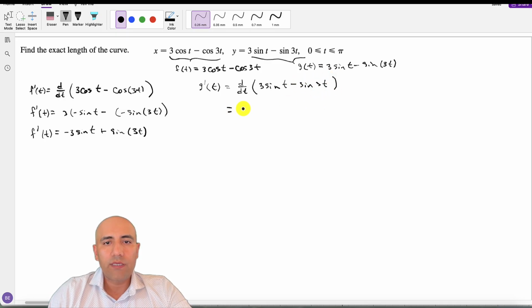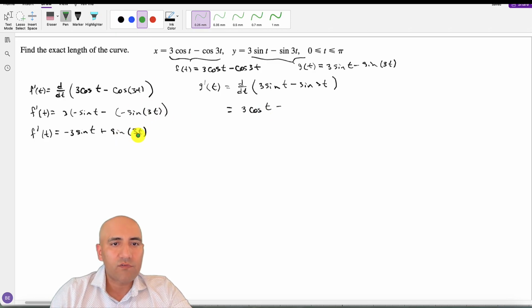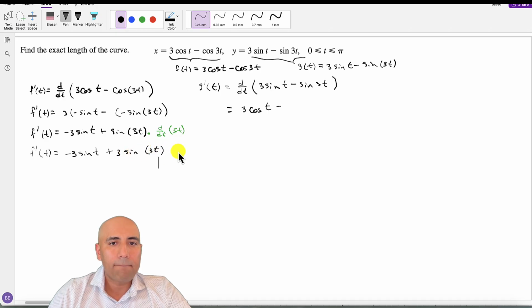So this derivative will be equal to 3 cosine of t minus, oh, I forgot the chain rule. This is sine of a times the derivative with respect to t on 3t. So we'll have an extra term of 3 from here. Whoops. So this would be f prime of t is equal to negative 3 sine of t. And then the derivative of 3t is just going to be 3, so another plus 3 sine of 3t.